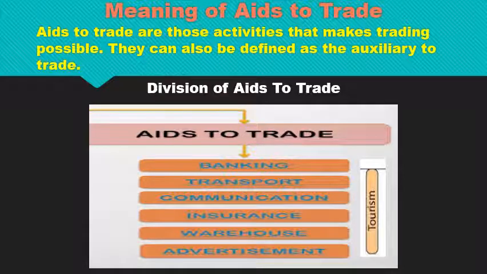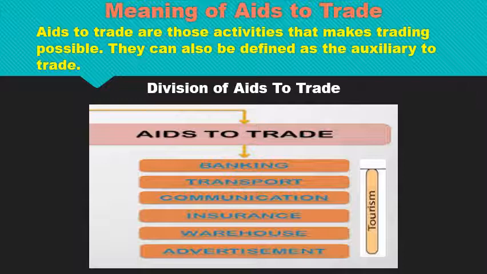These activities that make trading possible can also be called auxiliary to trade, meaning that if these activities are not available, automatically trade will not be possible. That now takes us to the division of aids to trade.